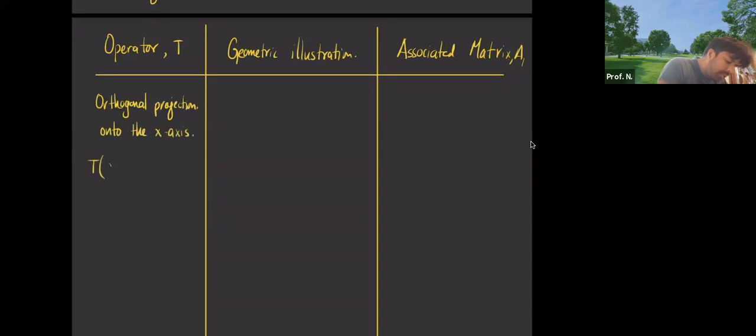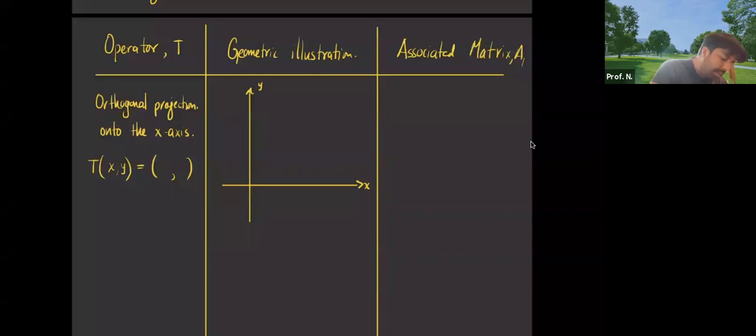So that takes the vector x, y. Does anybody know what it does to it? What does orthogonal projection mean in R2? So if I have a vector somewhere in space, x comma y, and I want to project it, quote unquote, onto the x-axis.